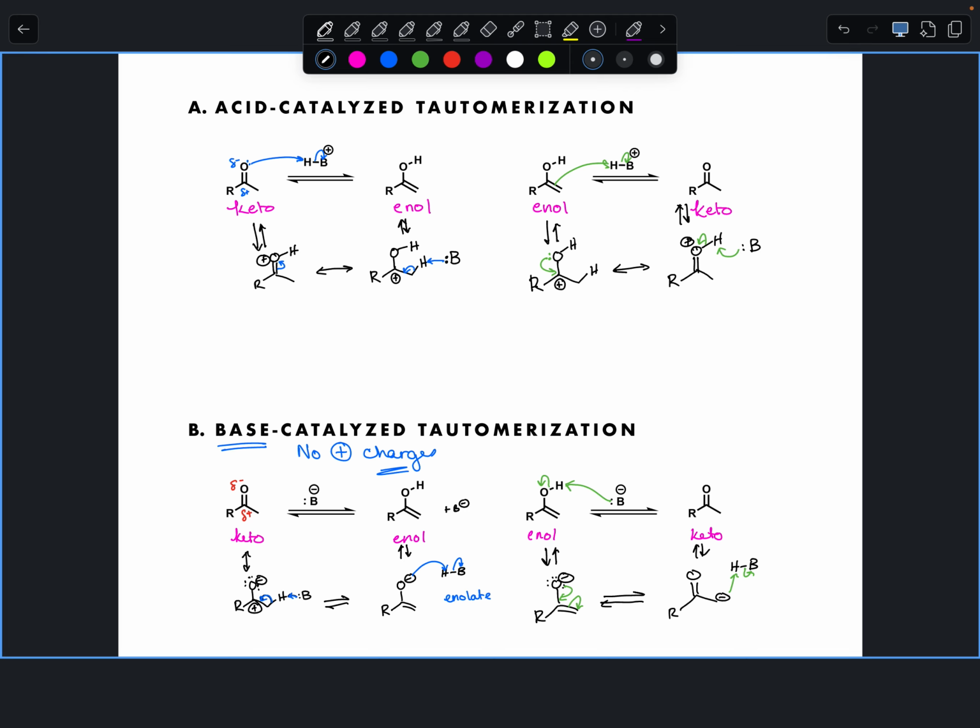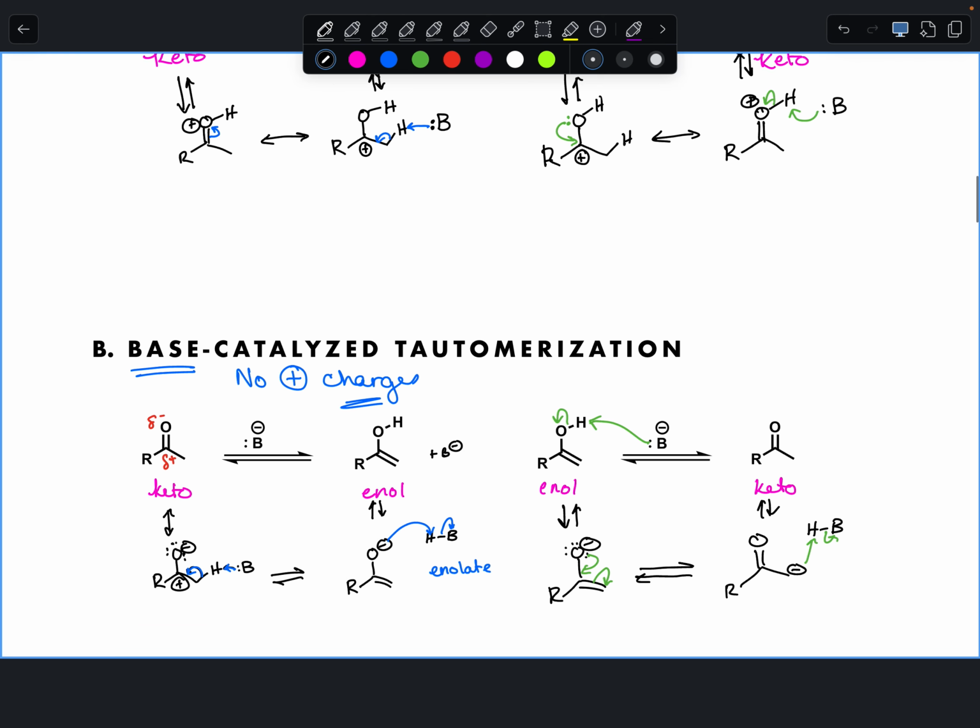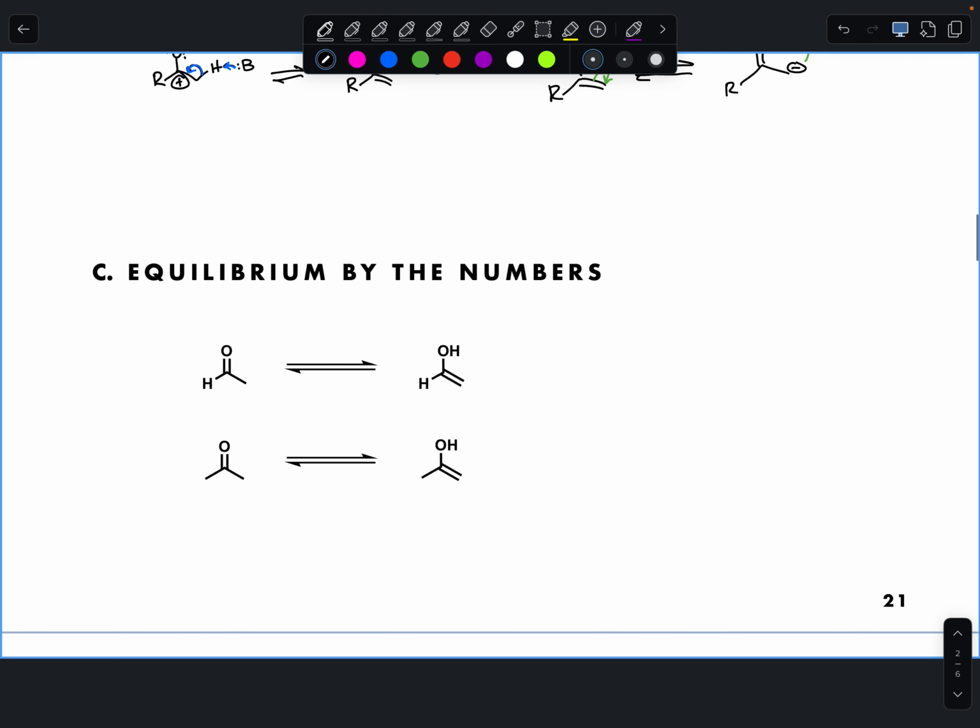Strong base, weak base? If I want to drive the equilibrium to the right, I need to use a super strong base. So to favor the enolate, we need to form it using a strong base.